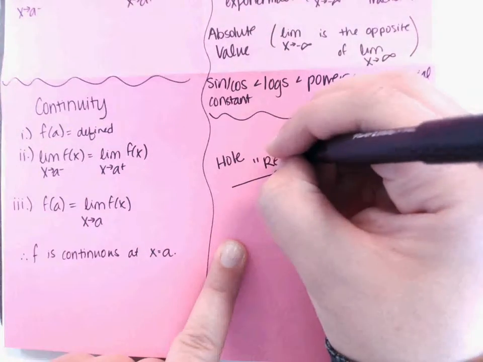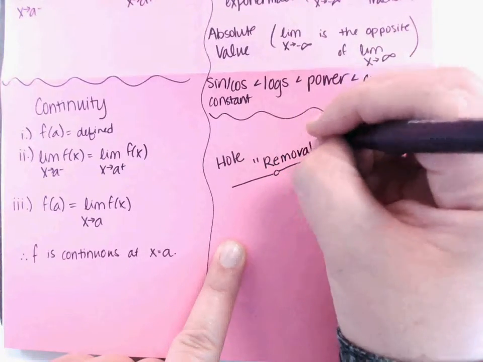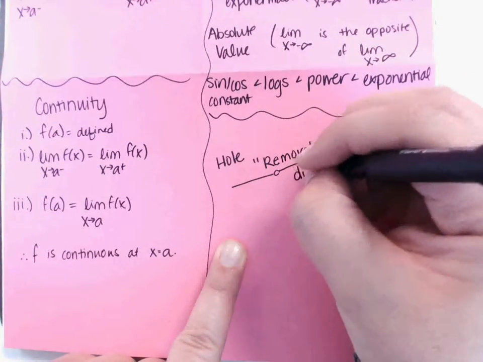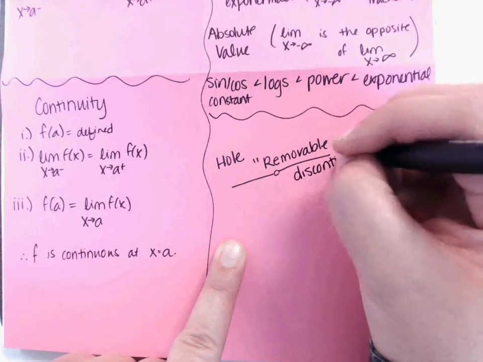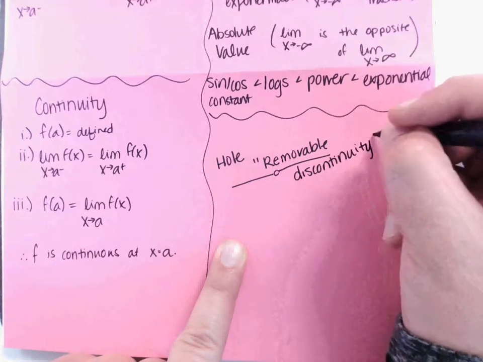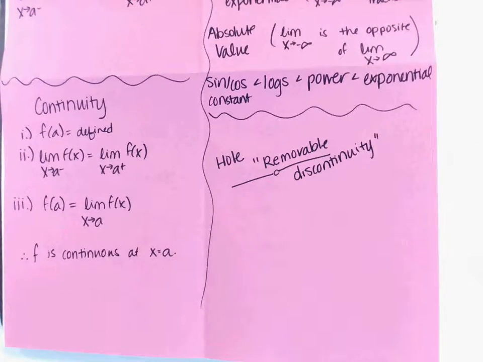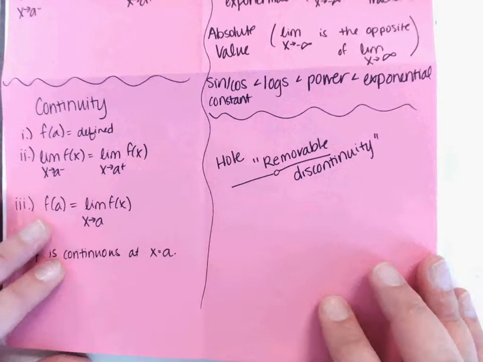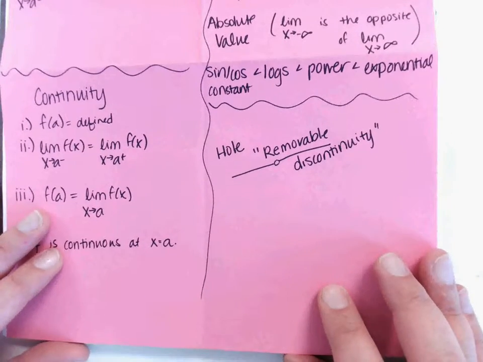Have I used that with you? Oh. Oops. Not that important, but the fancy way of saying a hole is a removable discontinuity, because it's basically a function, but that one point is removed.